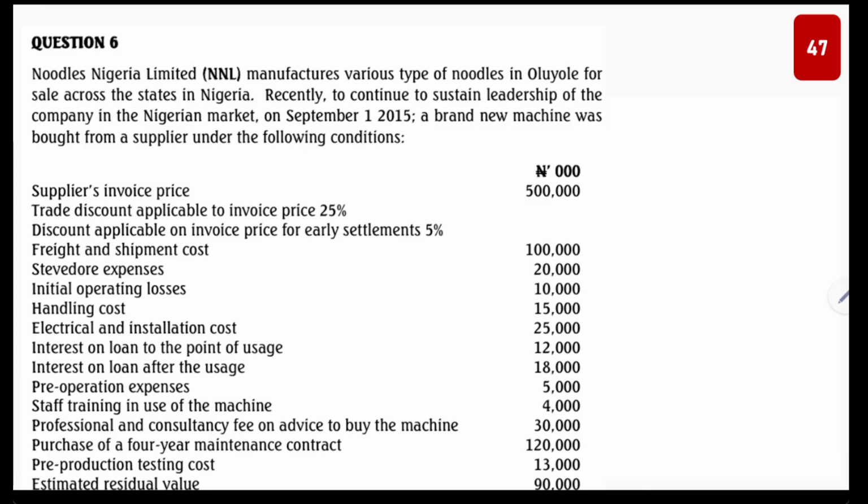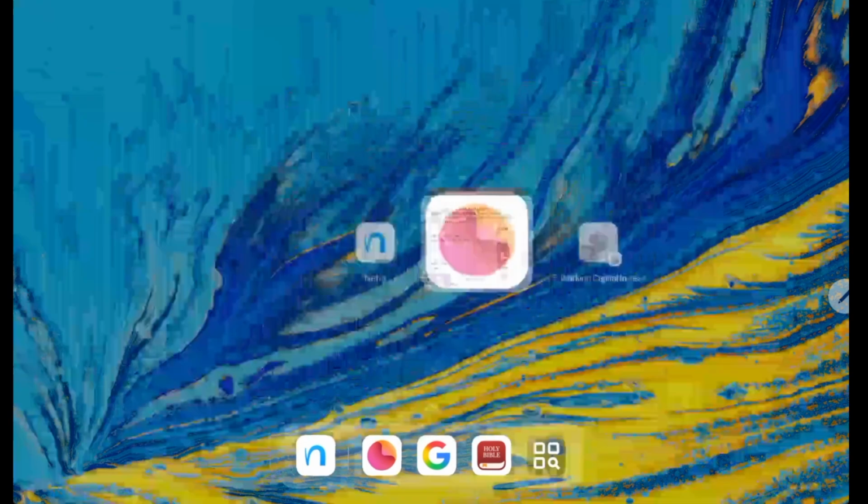Okay, so the question is, how do I determine the cost of this asset? So we need to screen through this list and ensure we include only what should be part of the cost of an asset. So we'll go into our work notes and begin to exclude, and then we'll come up with one.